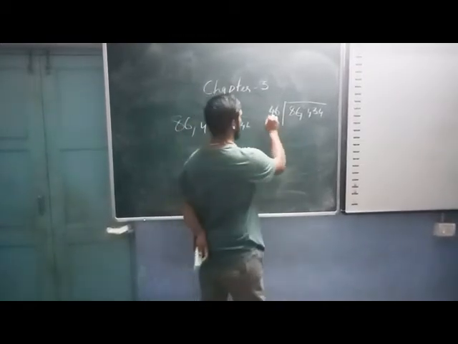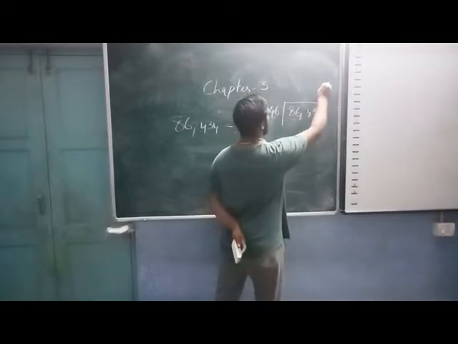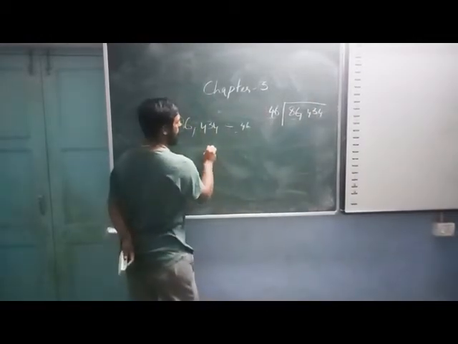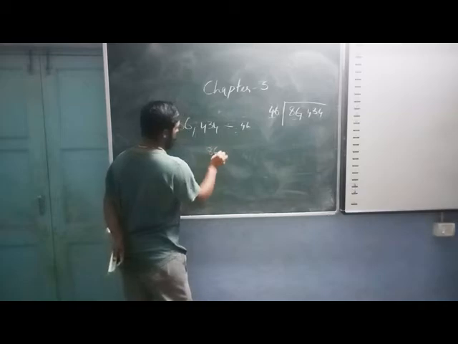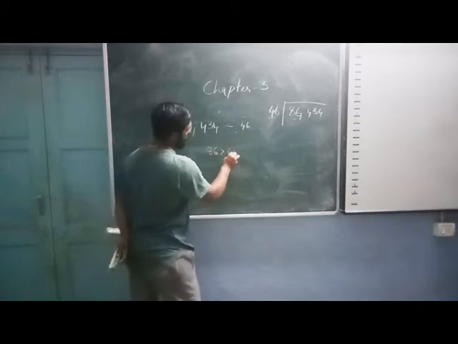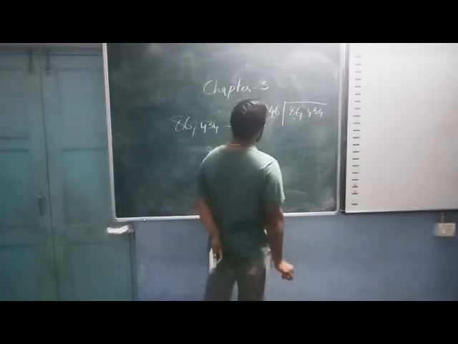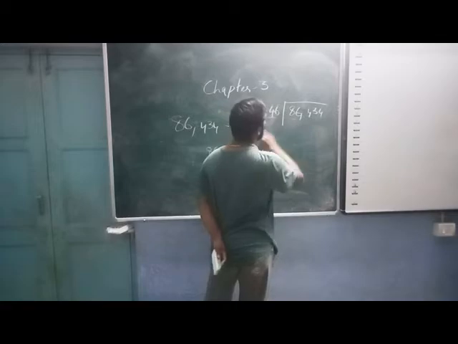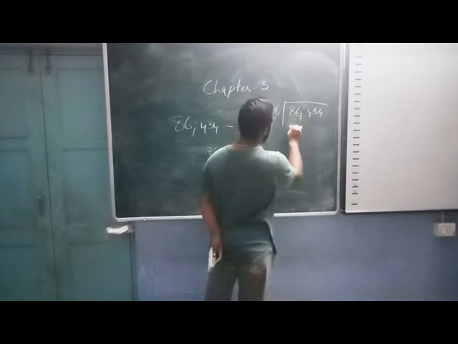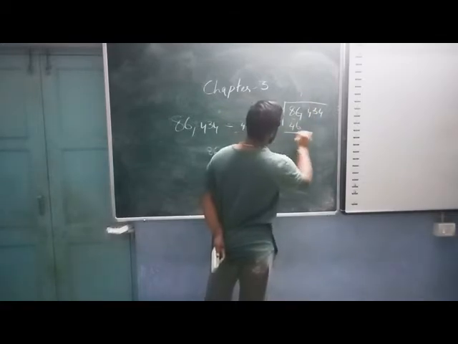Since it is a 2-digit number, we consider 2 digits. So 86 is bigger than 46, so we can do it directly. Now let us see how many times this 46 comes in 86. Only one time. So let us write the value 46 here.